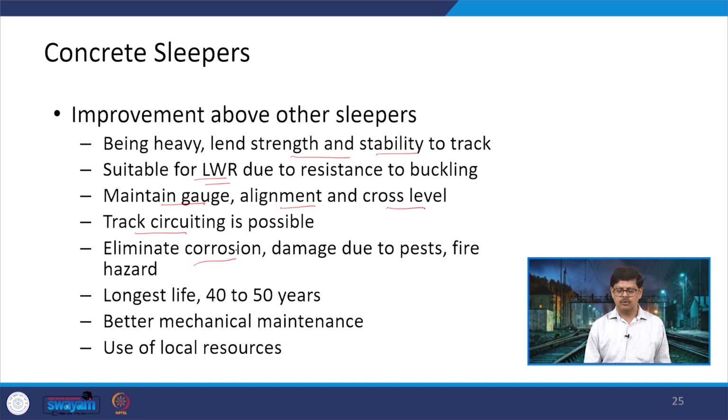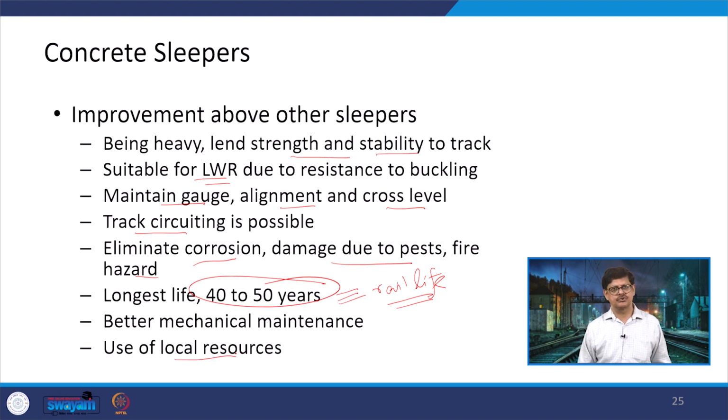It eliminates corrosion, damage by pests and fire hazards. It has the highest life, equivalent to the rail life, so during renewal of a track, the sleepers and the rails can be changed together. It has better mechanical maintenance, and there is a possibility of the use of local resources.